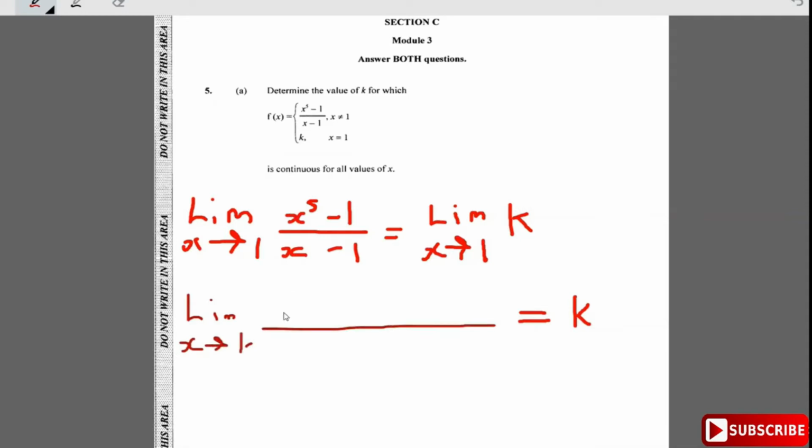So it's going to be x minus 1 times a to the n minus 1, which is x to the 4.